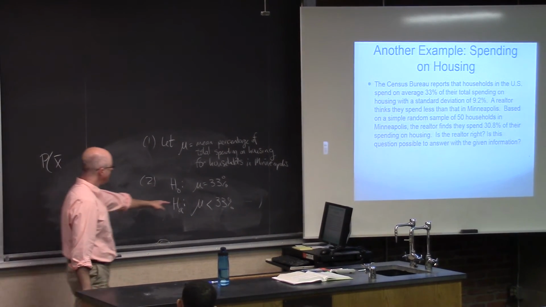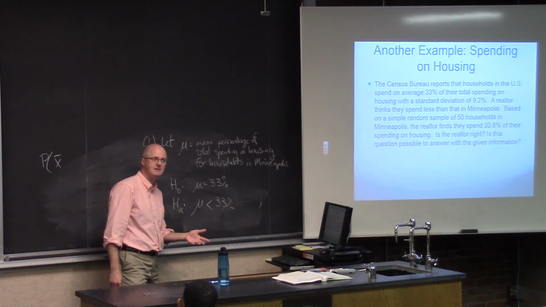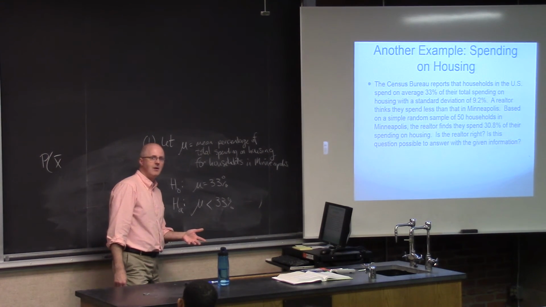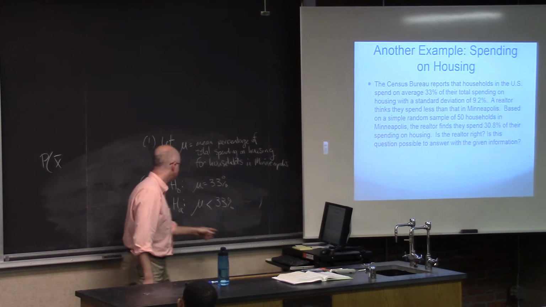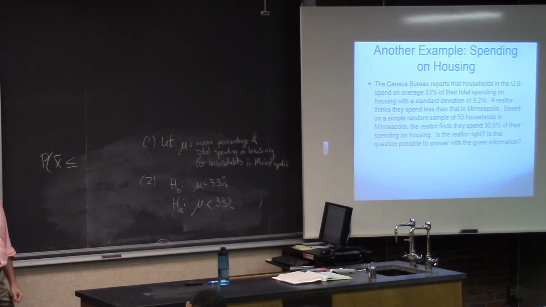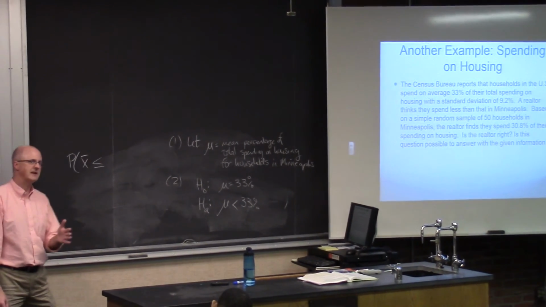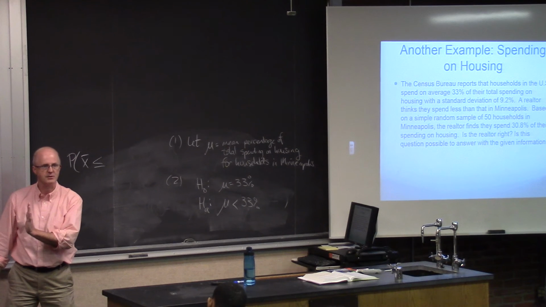This test is a less than sign in the alternative hypothesis. The previous one was a greater than sign. You're really calculating an area to the right of something. For that one, that's called a right-tailed test. For this one, we're going to calculate the area to the left of something, a less than or equal to. It's going to be what's called a left-tailed test. It's going to be an area under a normal curve to the left of a certain number.